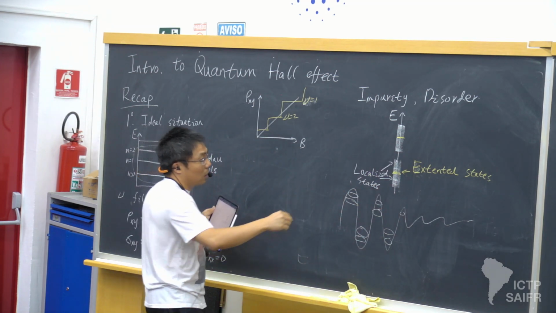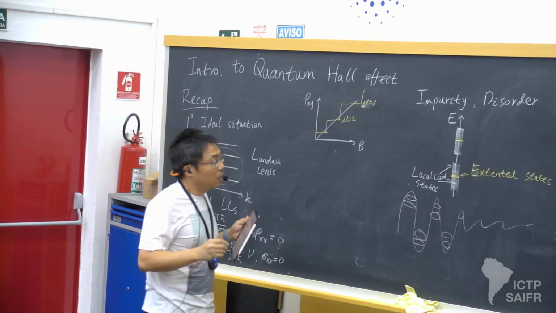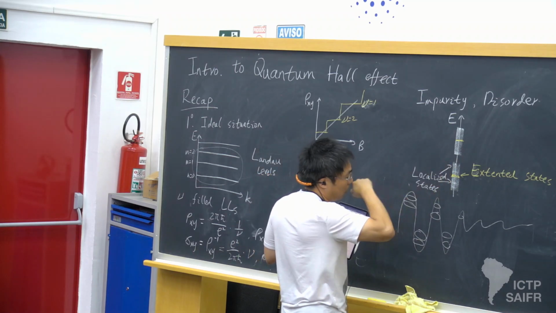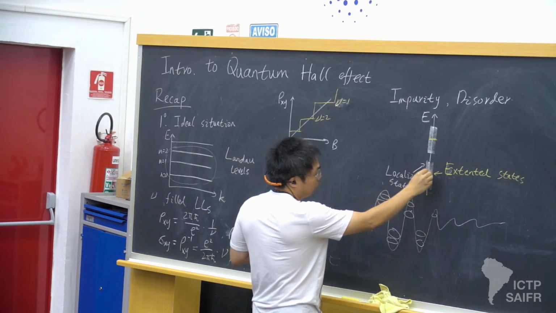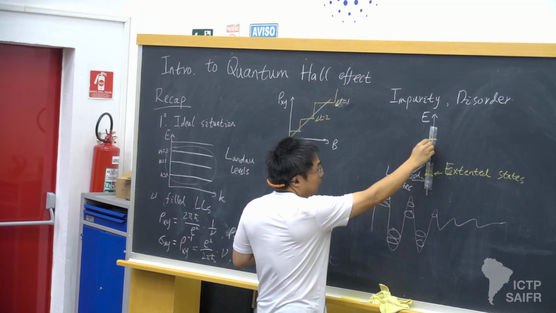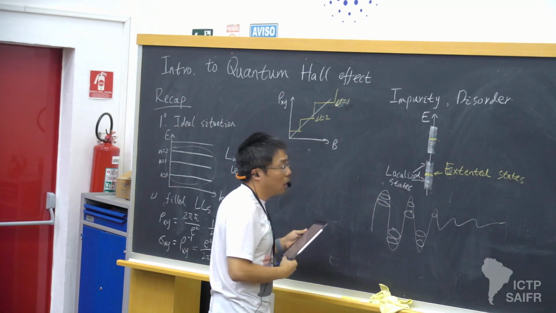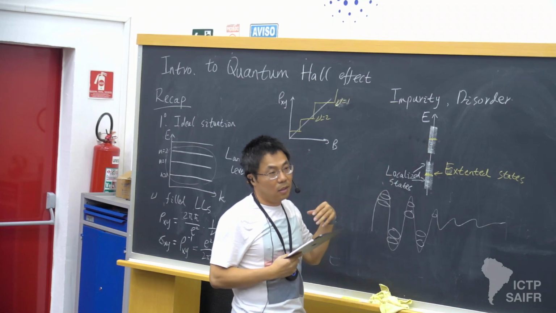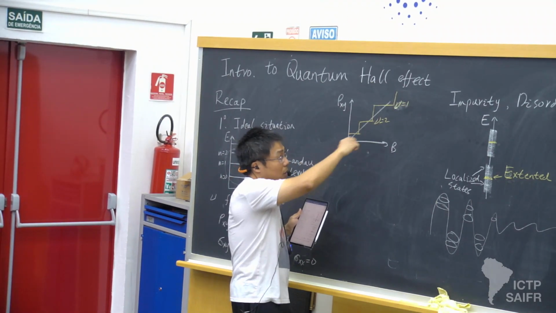Then I get some finite Hall resistivity, and it will stay unchanged as I start to fill those localized states, and I keep on doing so until I start to occupy the extended states at the higher Landau levels. That gives me another change of this Hall resistivity, right?